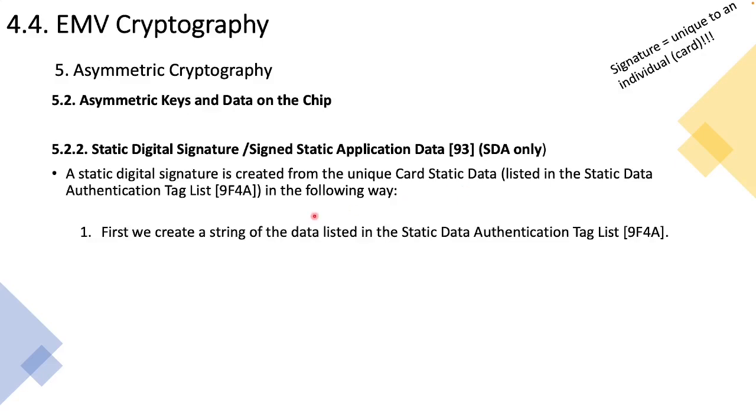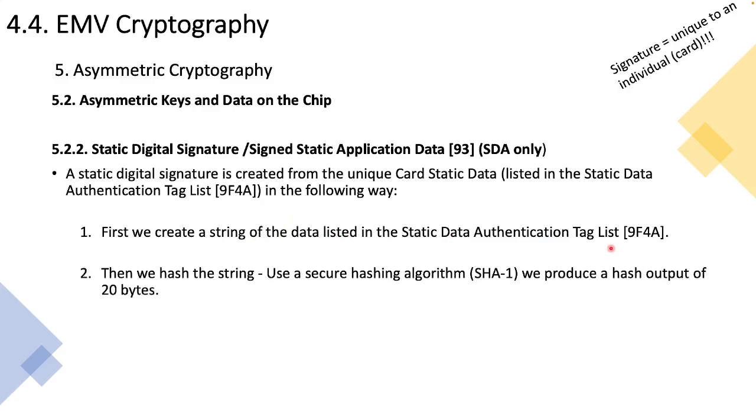First we create a string of the data listed in the static data authentication tag list. Remember, I showed you 10 tags on the previous slide that made up this list. So you basically make a string of all of these tags.